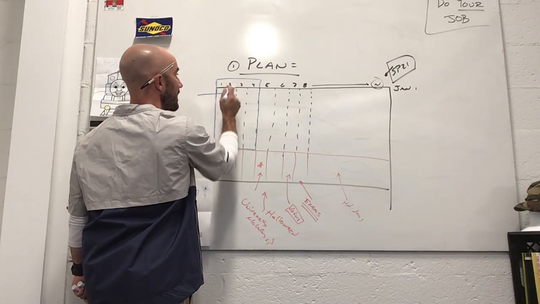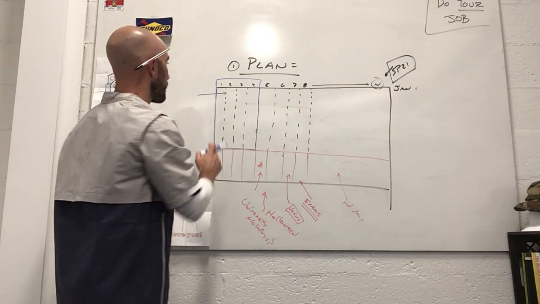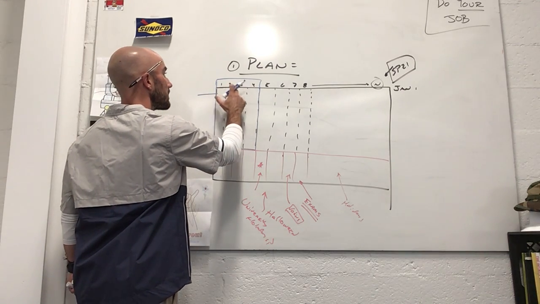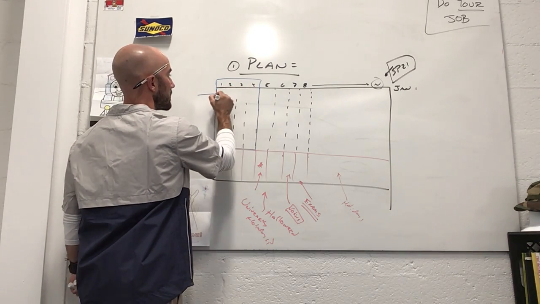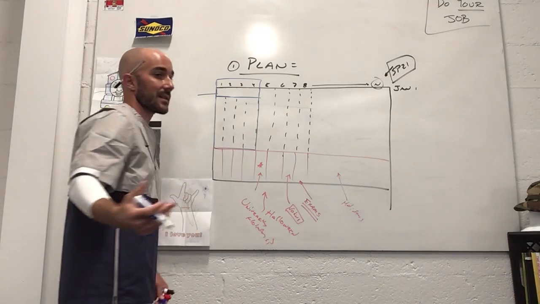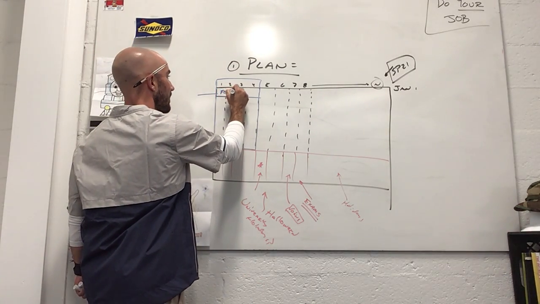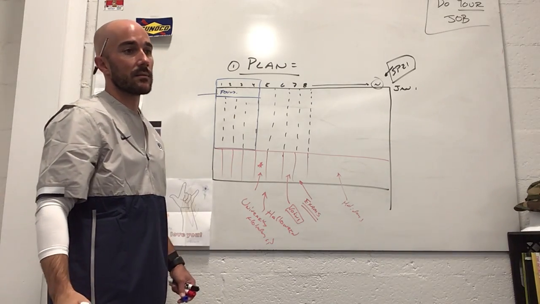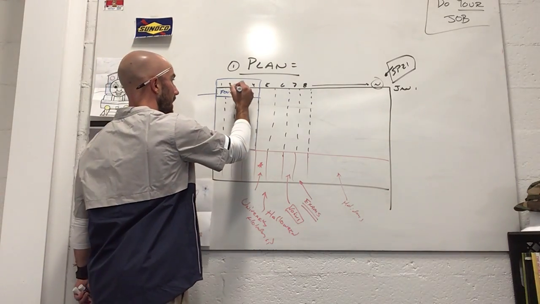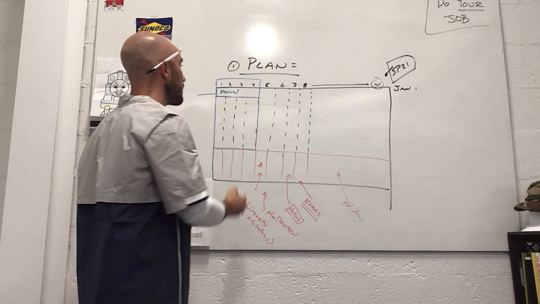That's going to guide what this emphasis area is for. Okay, so right here, let's just say it's all about foundations, and we're just getting back into training, getting back into practice, whatever it may be.